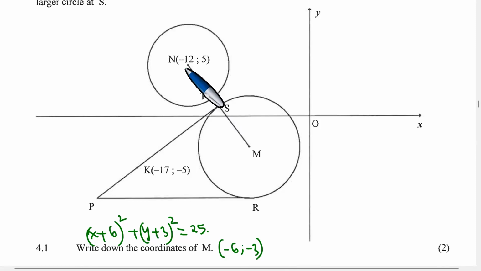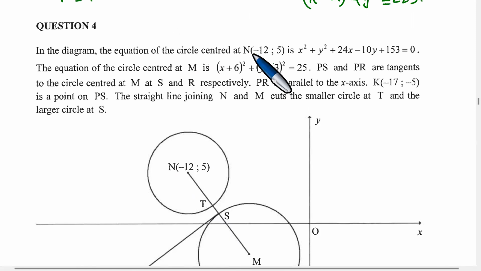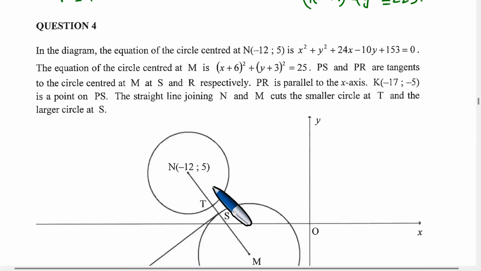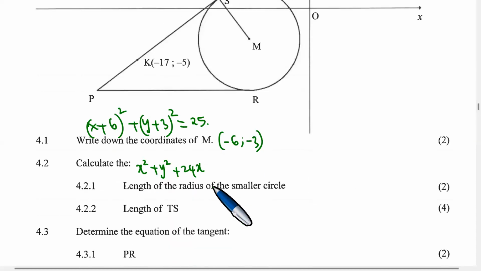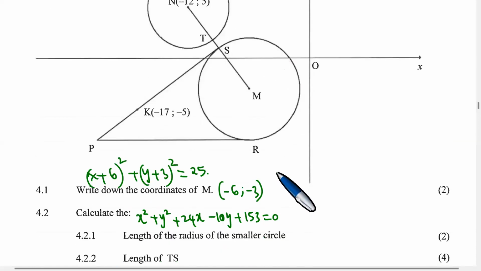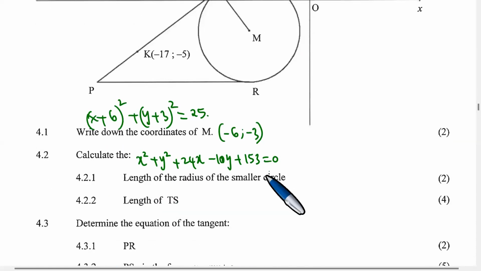The circle centered at N has the equation x squared plus y squared plus 24x minus 10y plus 153 equals 0.